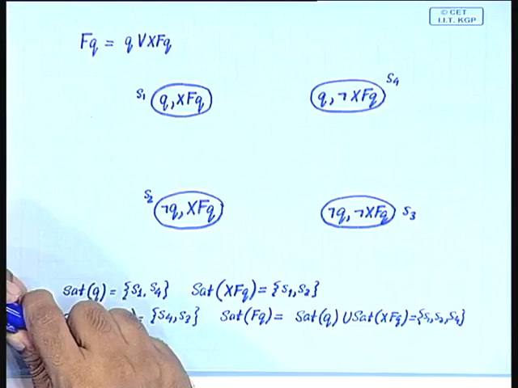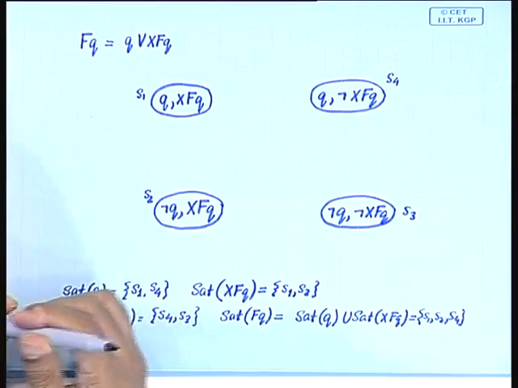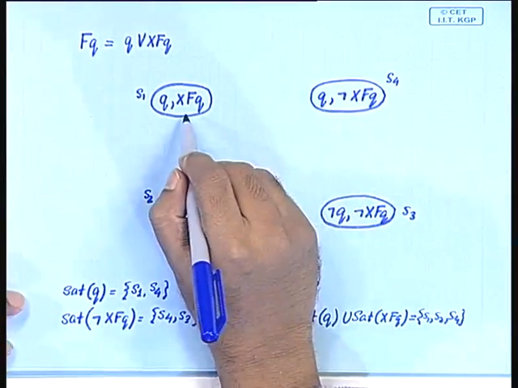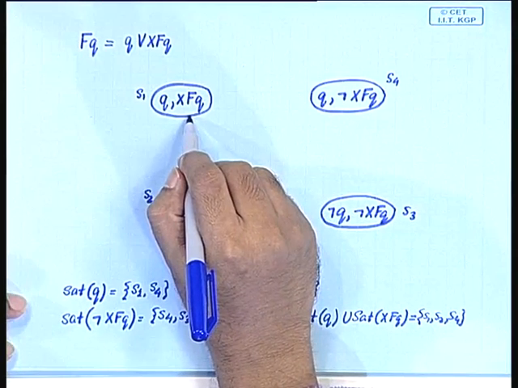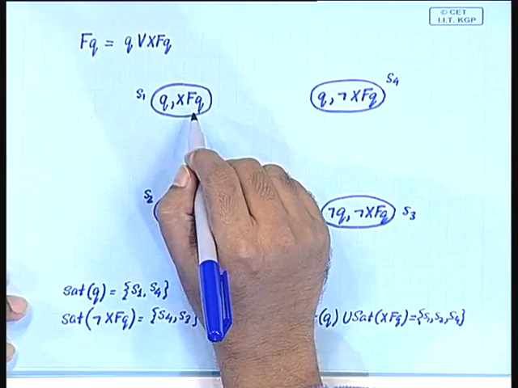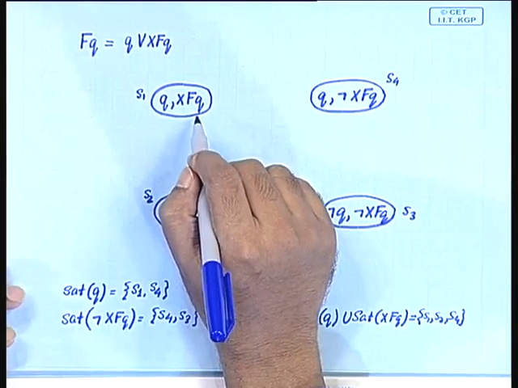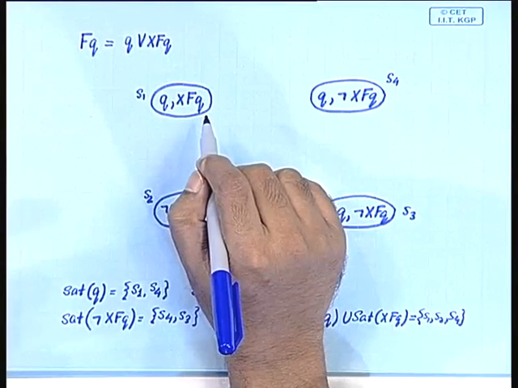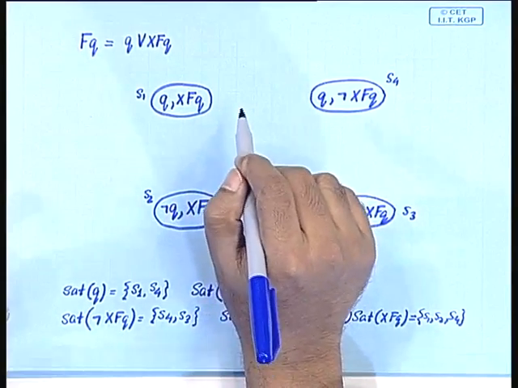Now, we are looking at XFQ here, right. So, we have to put an edge from XFQ to a state which belongs to SAT of Q, okay.